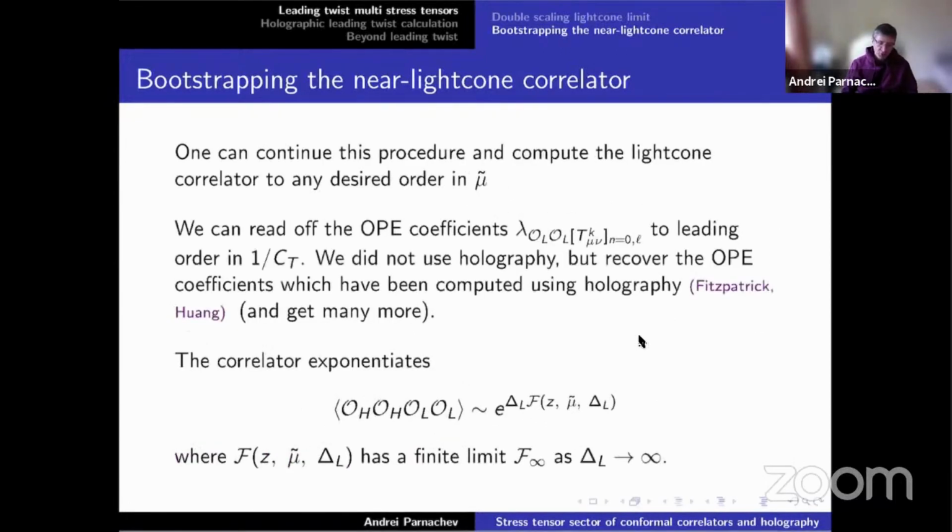Now, as I said, you can compute our correlator in the double scaling limit to any order in mu tilde. We can read off the OPE coefficients to leading order in 1 over C_T. We recover this way the OPE coefficients which have been computed using holography. And we also observe that the correlator exponentiates in the sense that this function f has a finite limit as delta light sent to infinity.